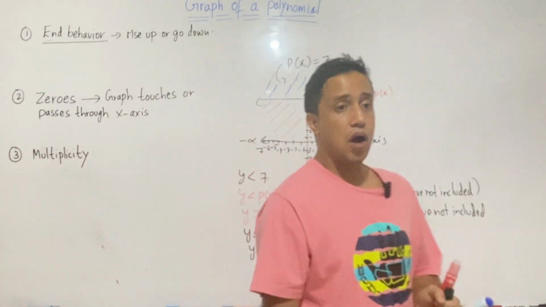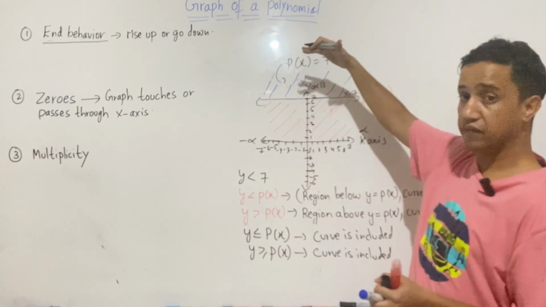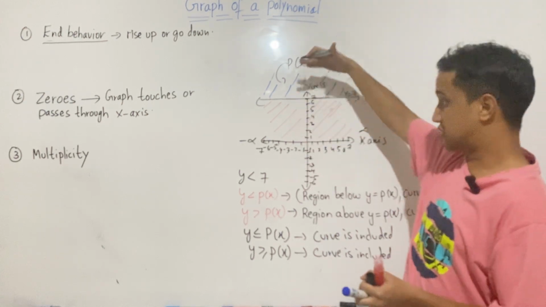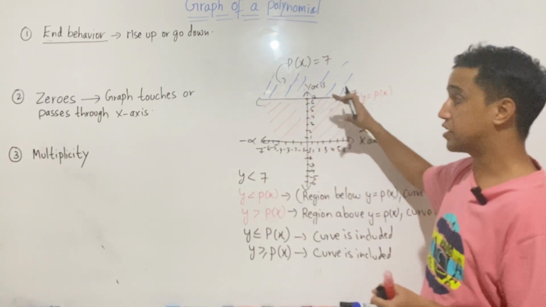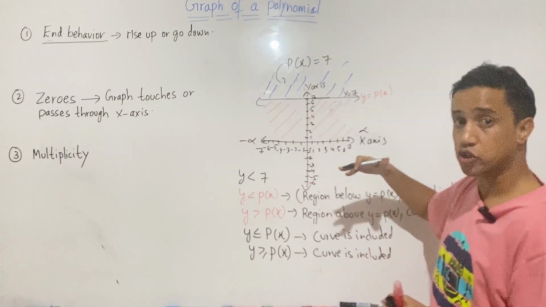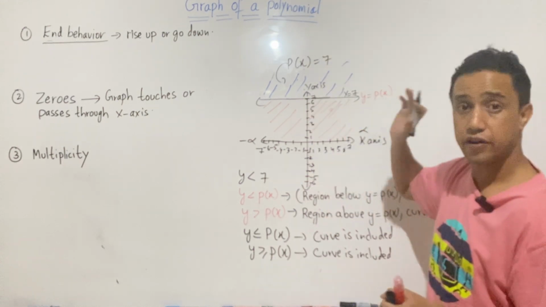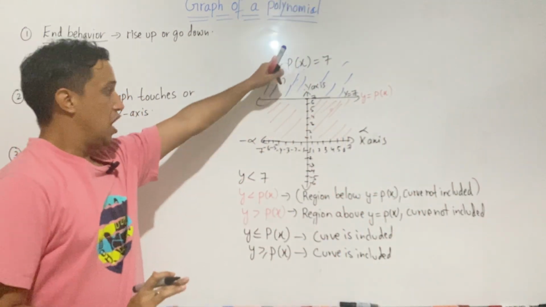So y greater than p(x) is above, less than p(x) is below, curve not included; greater than or equal to is above, curve included; less than or equal to is below, curve included.